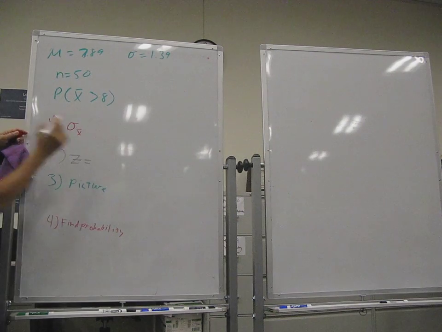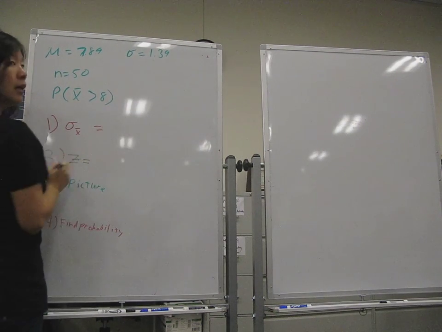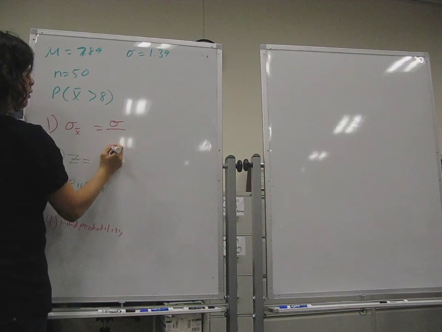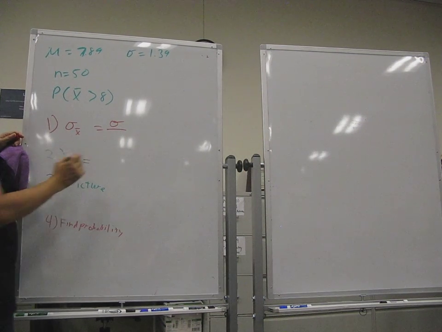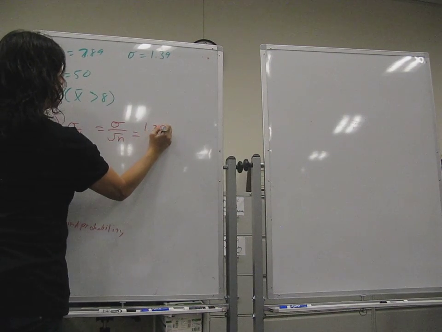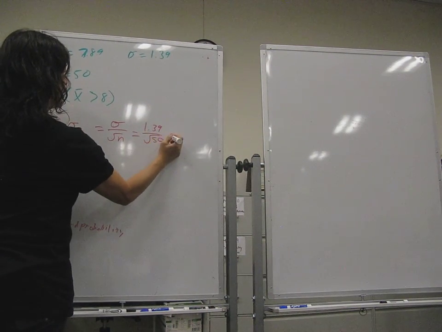So sigma x bar, how do I find that, guys? It's sigma over the square root of n. 1.39 over the square root of 50.